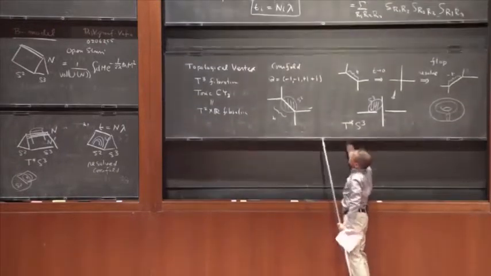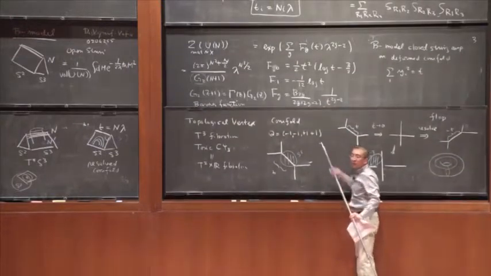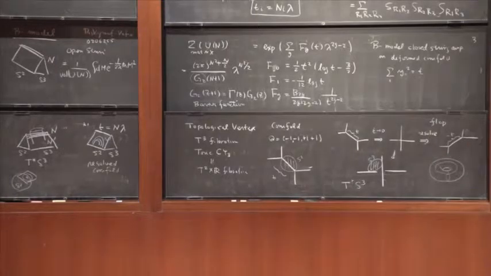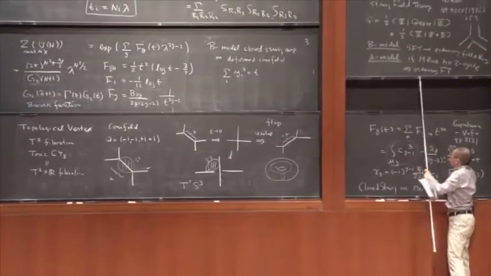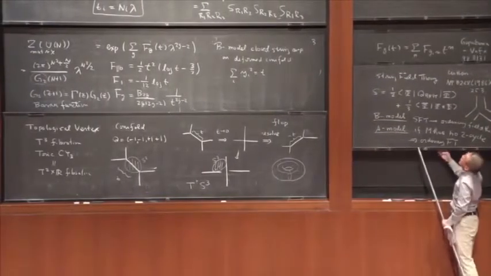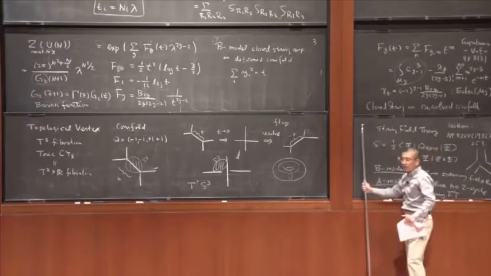Now it's interesting to see what happens if we add D-branes to it. Well, we can guess what can happen to D-branes. Suppose you have the A model on the manifold M, and suppose you wrap a D-brane on its Lagrangian submanifold. In the case of the A model, it has to be a Lagrangian submanifold.